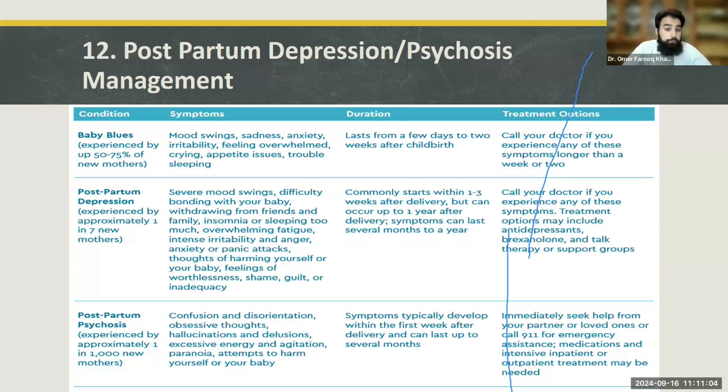And what is postpartum psychosis? Postpartum psychosis is a very rare phenomenon, but it is a life-threatening emergency. Symptoms include confusion and disorientation, obsessive thoughts, hallucinations and delusions, excessive energy and agitation, and paranoia. Paranoia means you become negative about all the people around you.